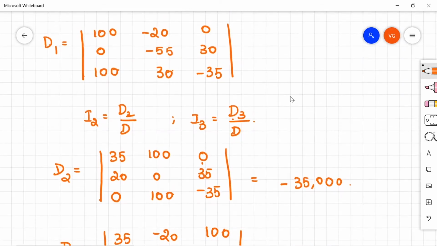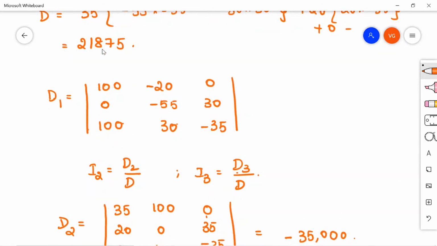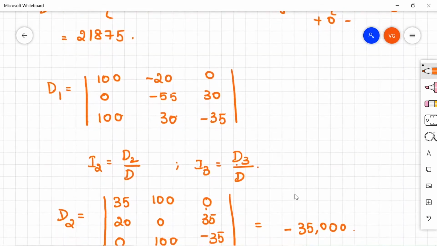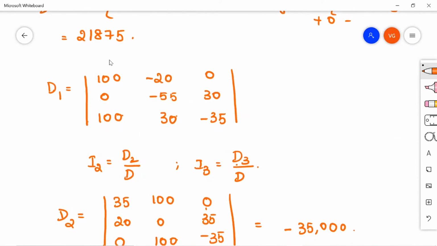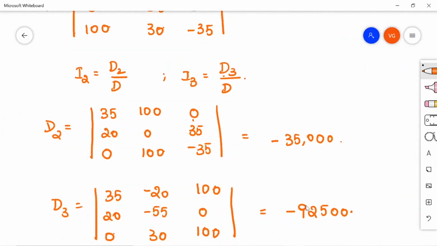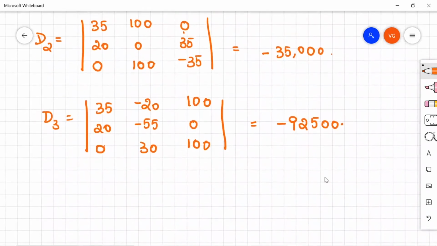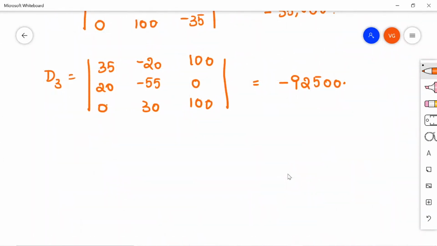So to get the value of I2 and I3, already I have calculated D determinant. This is the determinant value 21875. So I2 is nothing but minus 35,000 divided by 21875. I3 is nothing but minus 92,500 divided by 21875. So let us do the calculation for calculating I2 and I3. So here I2 is equal to D2 by D, that is nothing but minus 35,000 divided by 21875.